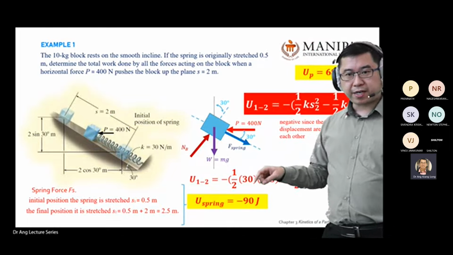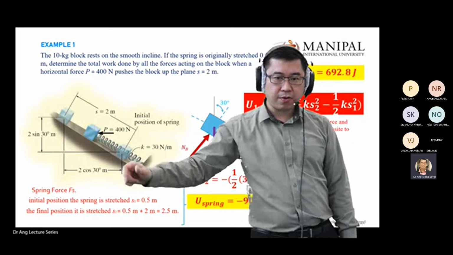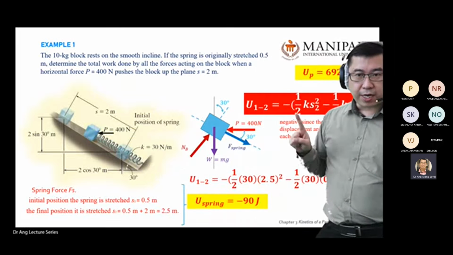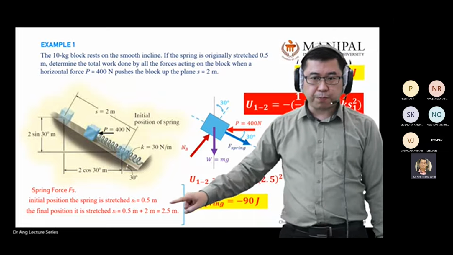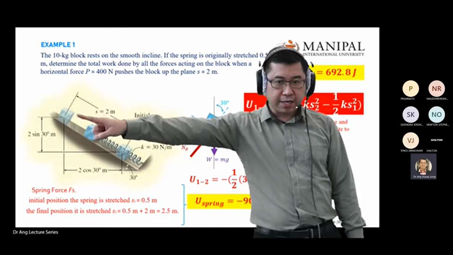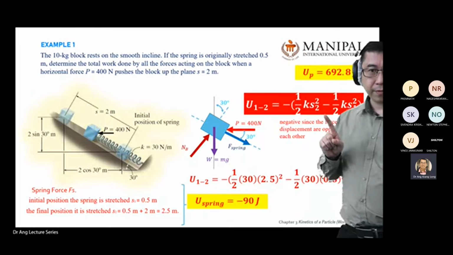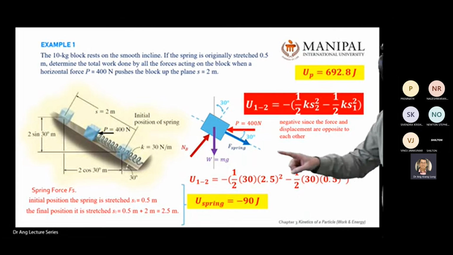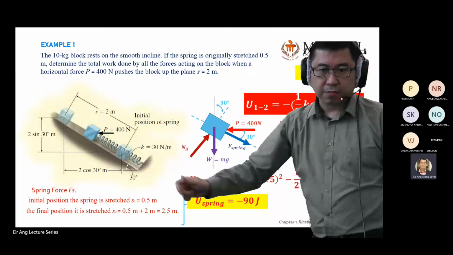So for a spring acting in this behavior, you pull, you let go. You are actually calculating S2 here, using 2.5 because that is the last position. For S1 here, you are using this position, which is where you already stretched 0.5.